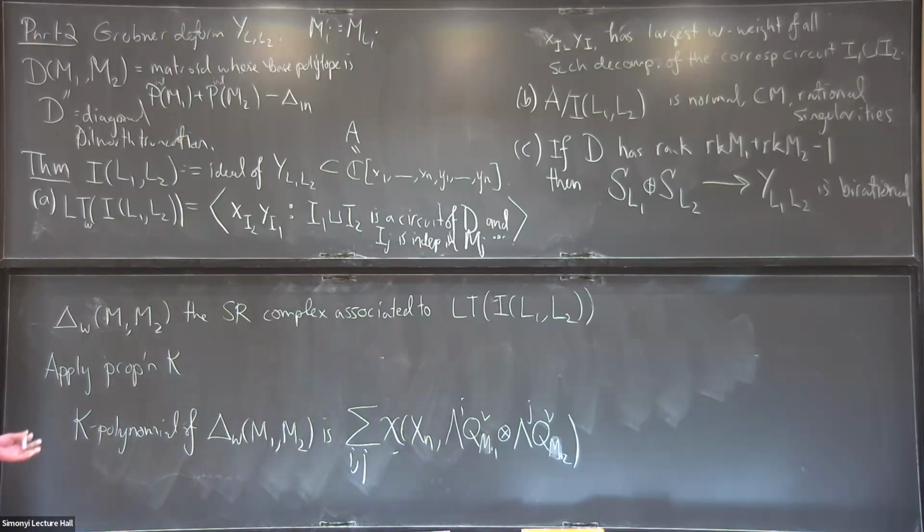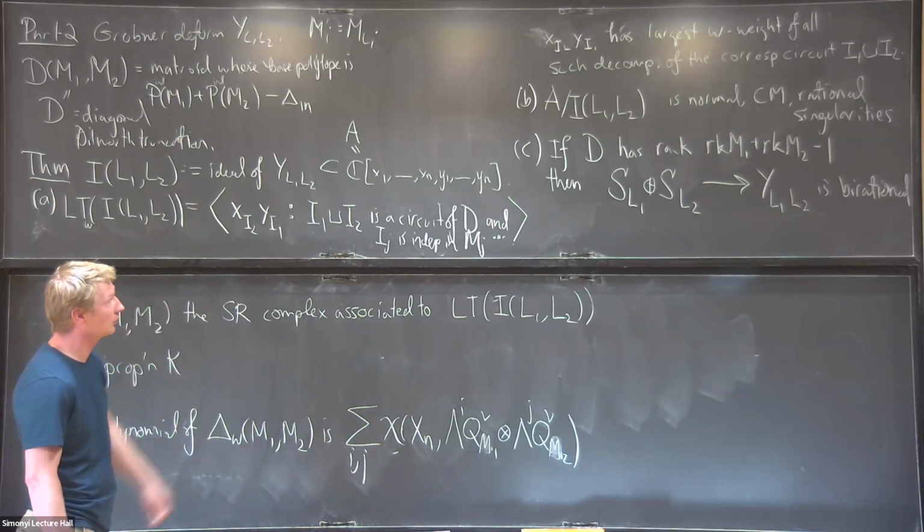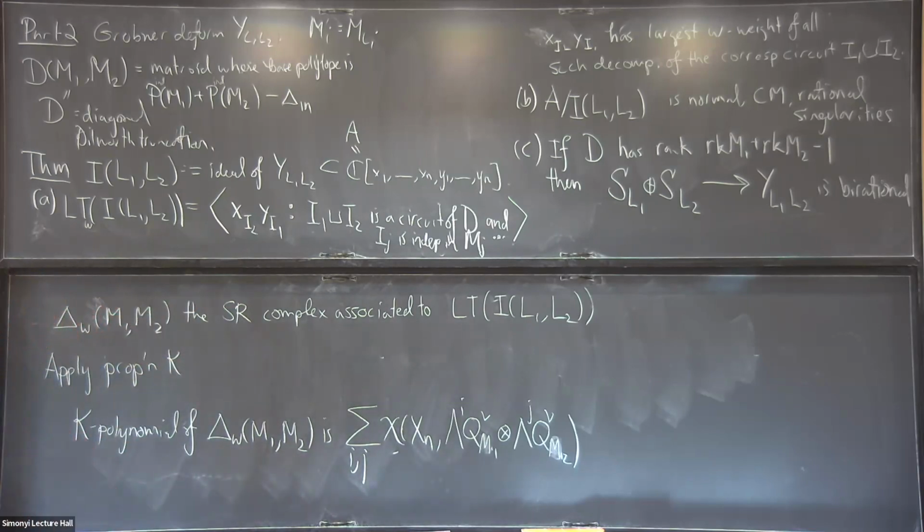This is good because you can now use Stanley-Reisner theory to compute the K polynomial of this simplicial complex. In the case that M1 and M2 are realizable over a field of characteristic 0, it will inherit some of the properties that we had over there. In particular, it will inherit the Cohen-Macaulay property.